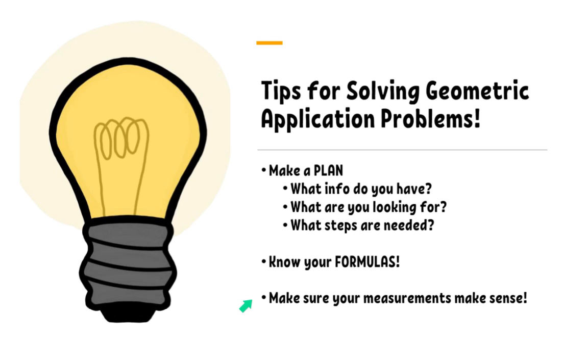And the last piece is make sure your measurements make sense. This is kind of a logical check step. If your values are very small on the shape, but you end up with an astronomically huge answer, you know that answer doesn't actually make sense. And we're going to get some practice with that today.